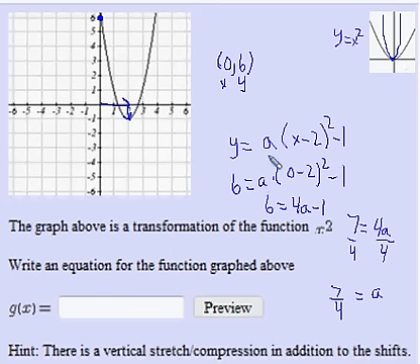So what you need to type in MathAS is this equation right here, except you need to replace a with 7/4. So to check this, you may want to take your graphing calculator and type in this equation here and see if it looks anything like this.